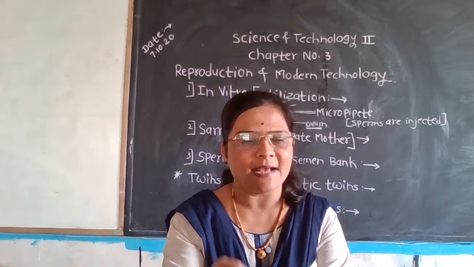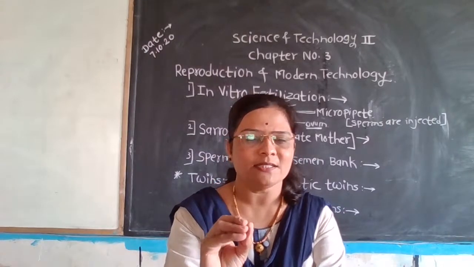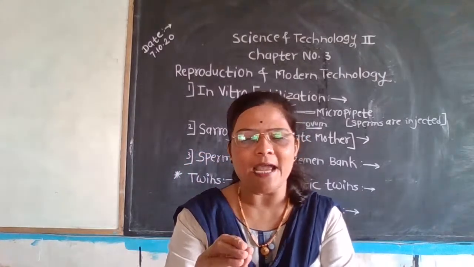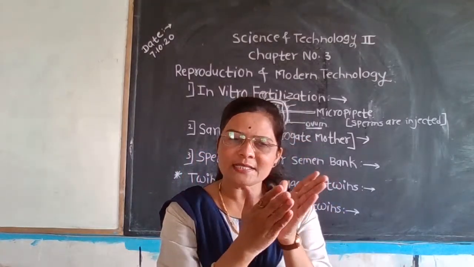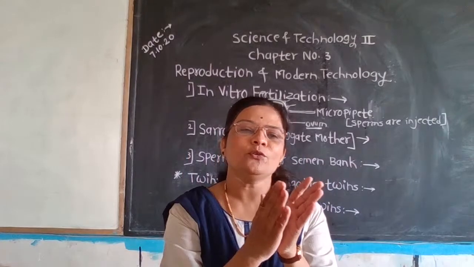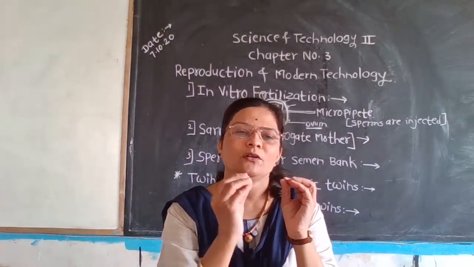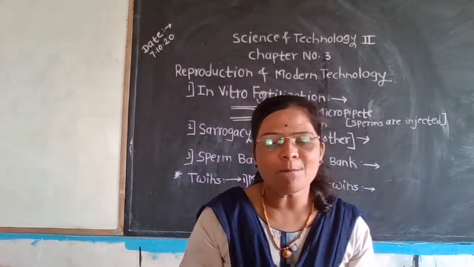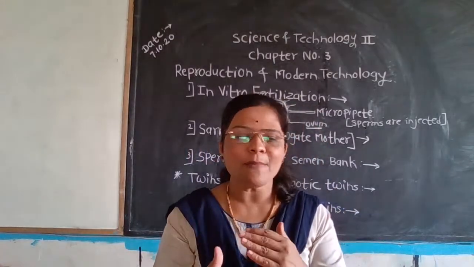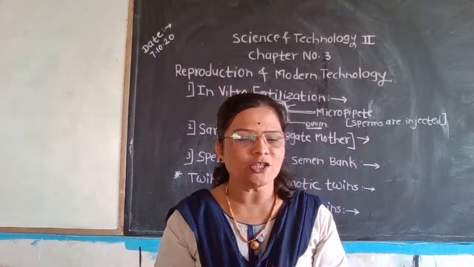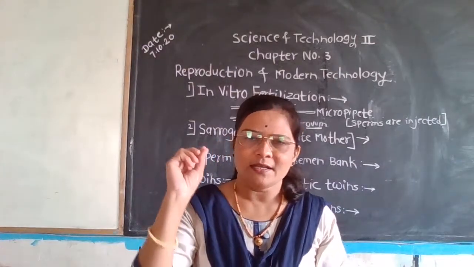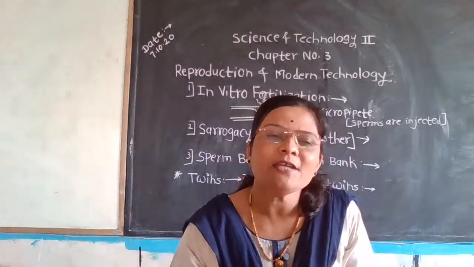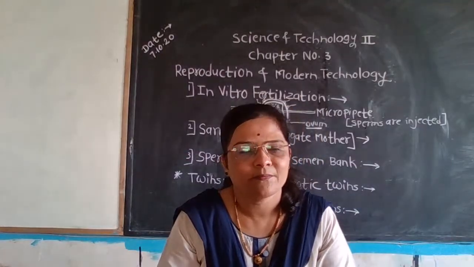In case of males, the movement of the sperms is very slow. At that time, there are difficulties in fetus development, and that is why sperm bank, in vitro formation and surrogacy, these are the different types of technologies which are used nowadays.